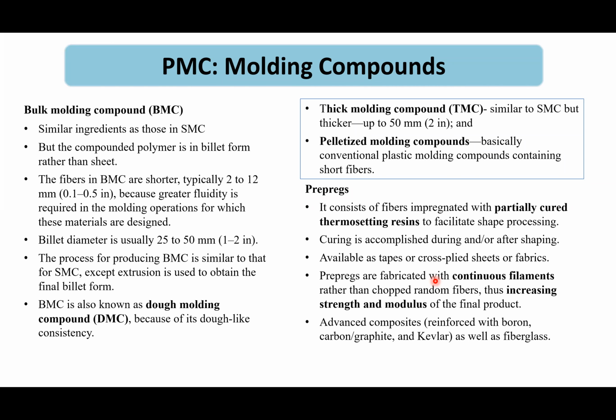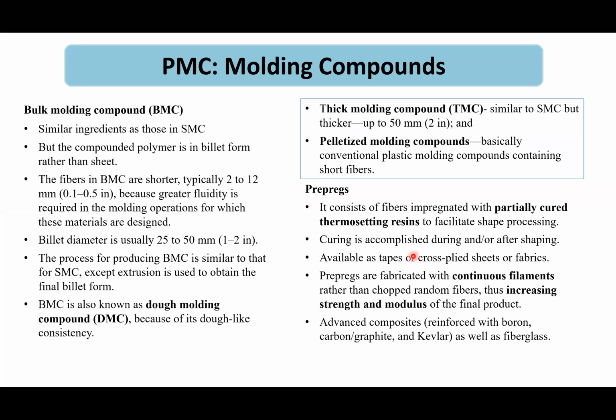That means the fiber and matrix, everything is ready. You just shape it according to your requirement. For example, these sheets are available as continuous sheet, and if you want to make a bowl, you put it in the mold and shape it according to your requirement.